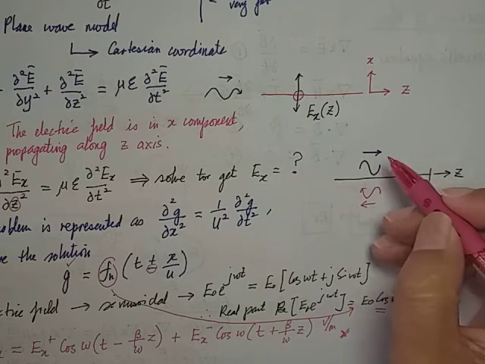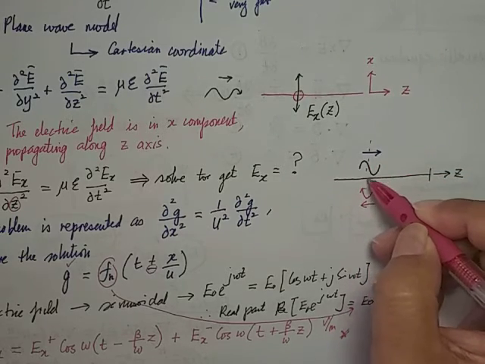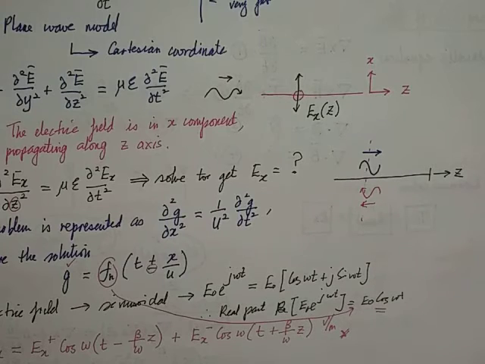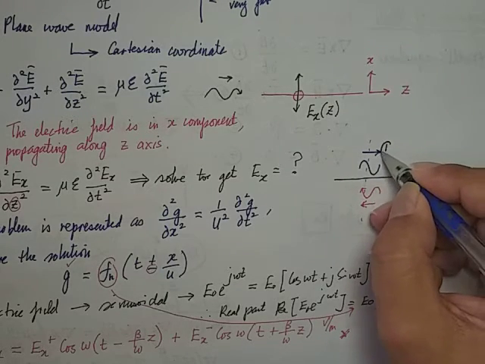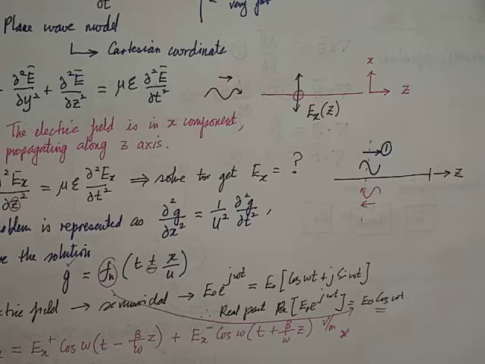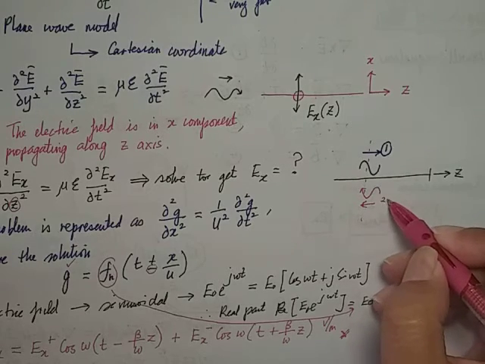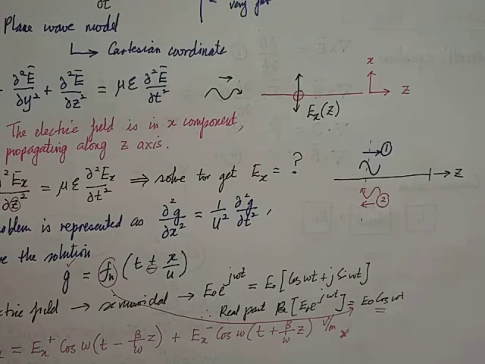At any point on the string, we can see two dominant field components, the blue component, number 1, and the red component, number 2. From this diagram, we can see the waves moving in opposite directions. One moves along z, another moves opposite to z.